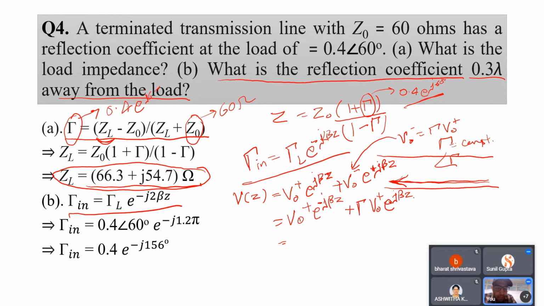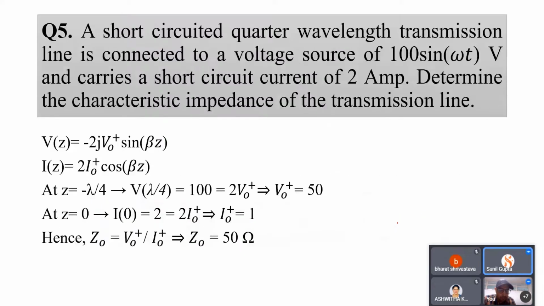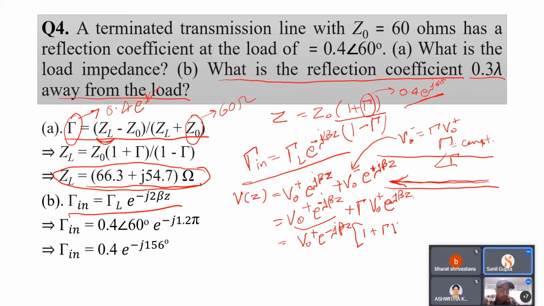So you can take the constant term V naught plus e raised to the power minus j beta z in bracket: 1 plus gamma e raised to the power j 2 beta z. So this term defines the reflection coefficient.